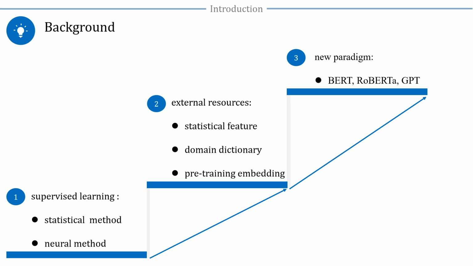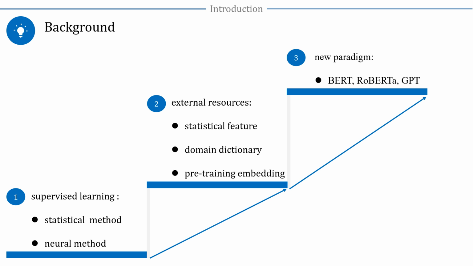Further, BERT and other pre-trained models perform well in many NLP tasks recently and can get a significant improvement for Chinese word segmentation. It seems that it's hard to get improvement for the Chinese word segmentation task.